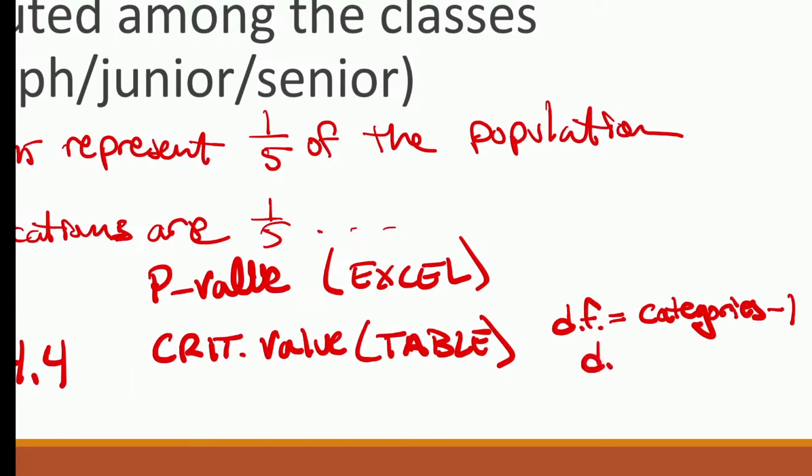So the degrees of freedom is going to be 5 minus 1, which is 4. Okay, so what I would do now, although I can't really because I don't see my table anywhere, but we're going to pretend, all right?